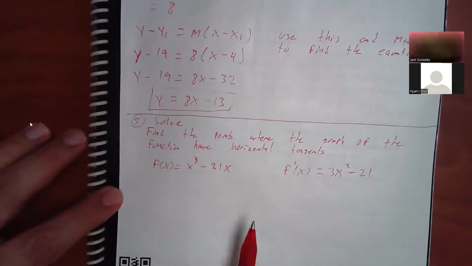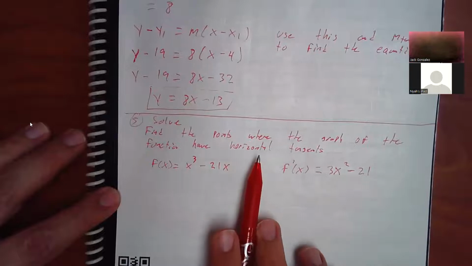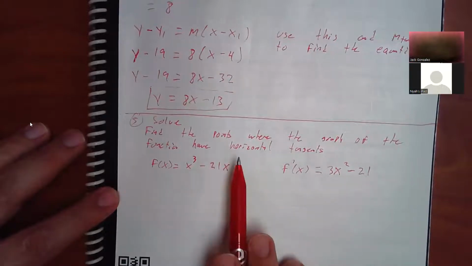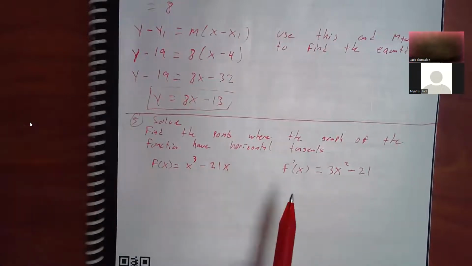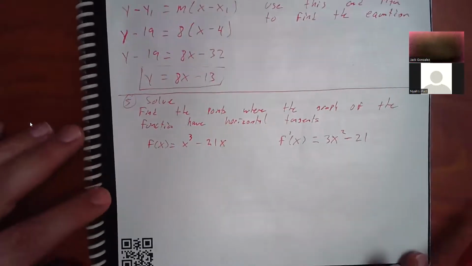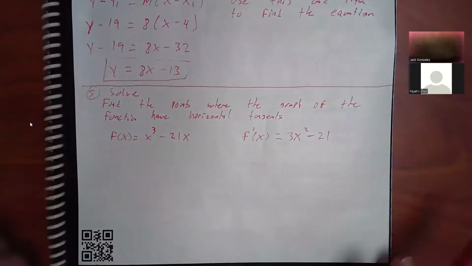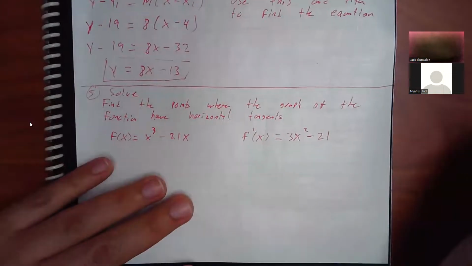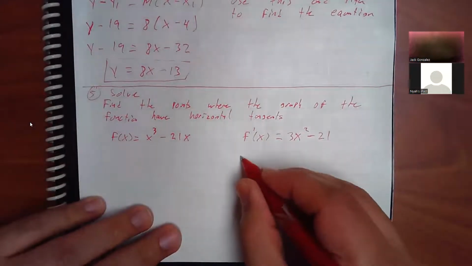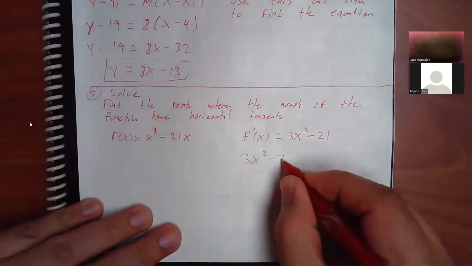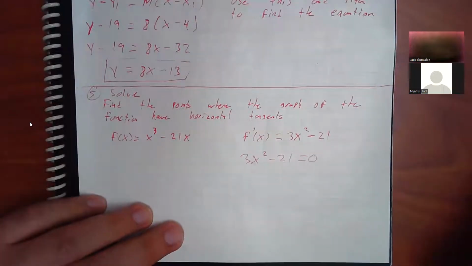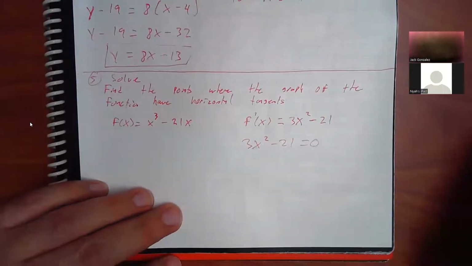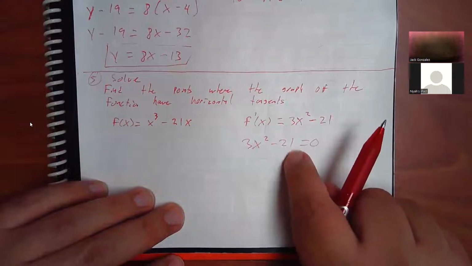When they say horizontal tangents, they're saying find the x value where the derivative is equal to zero. That's another way to ask this. Basically, you take the derivative, set it to zero, and solve for x. This finds you the horizontal tangent.